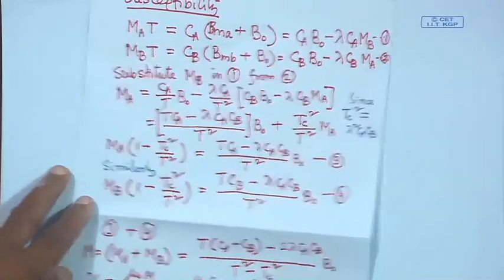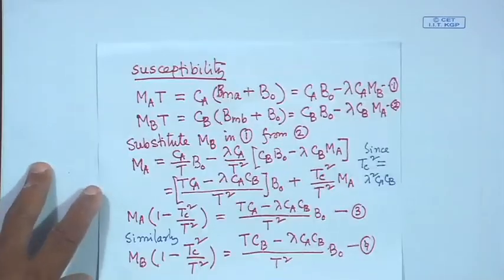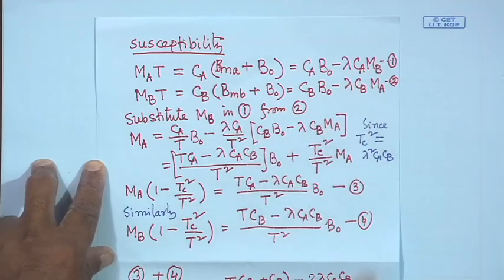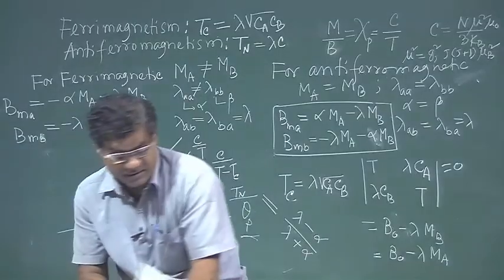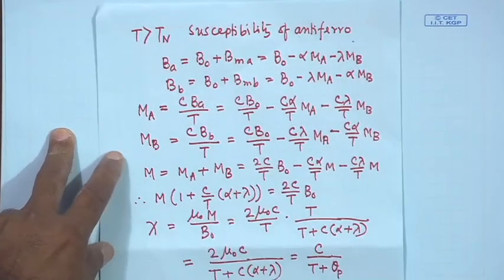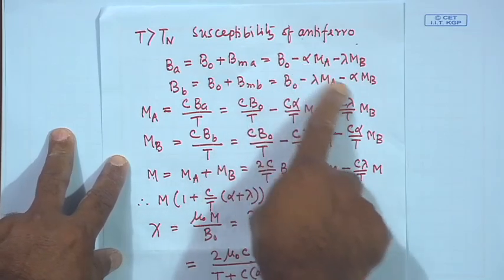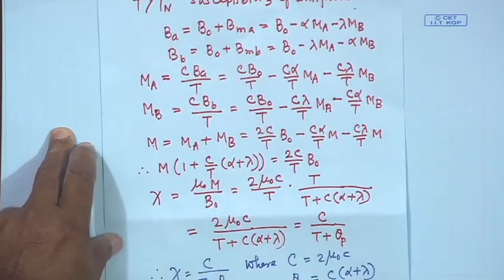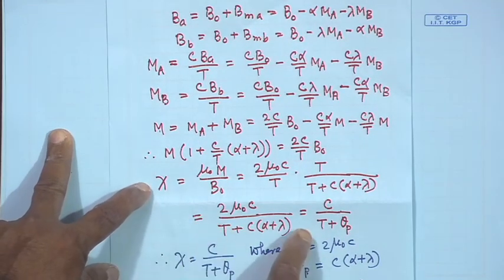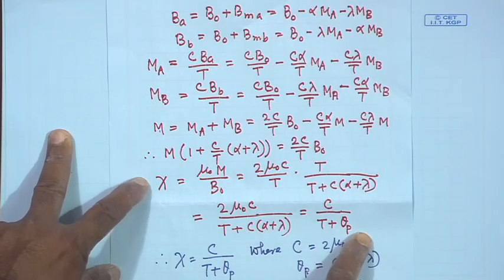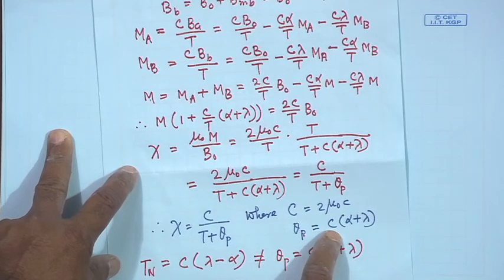Similarly, if you calculate the susceptibility without ignoring alpha in the antiferromagnetic case, in the paramagnetic phase, if you keep alpha and proceed the same way, then you will get chi equal to C by T plus theta p, where theta p is C lambda plus alpha.